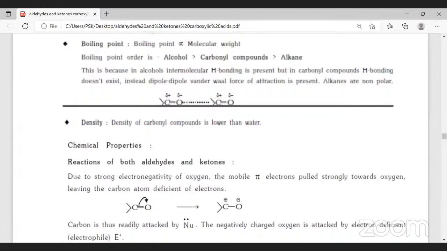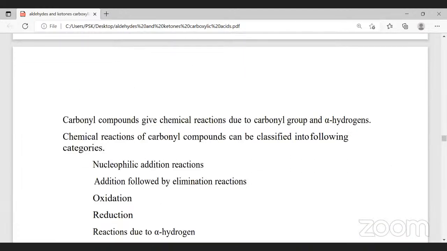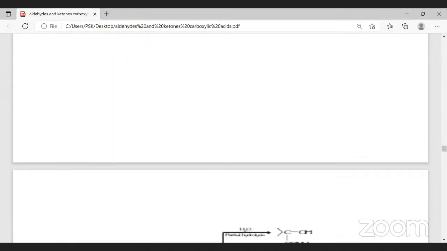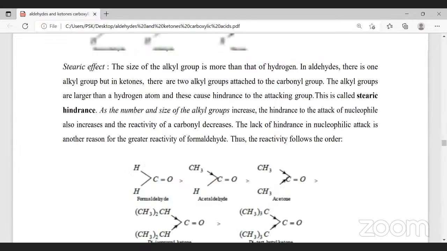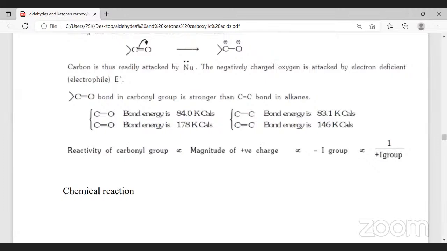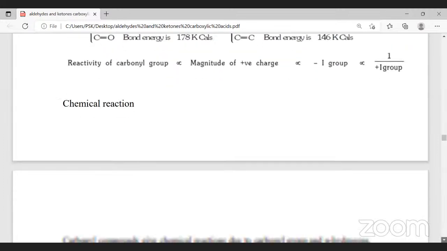Ketones we will learn, and then we'll go for the questions. Now, the chemical reactions or chemical properties of aldehydes and ketones.